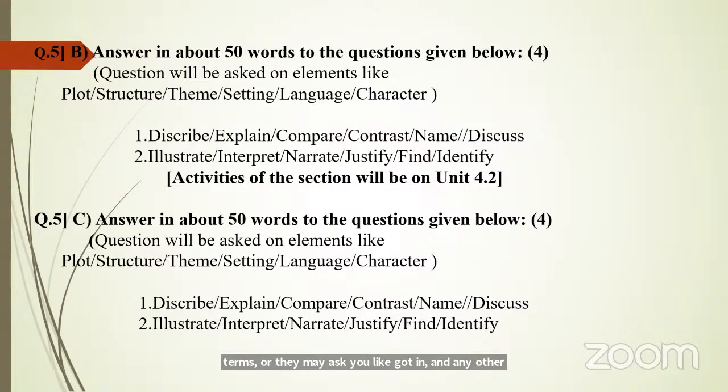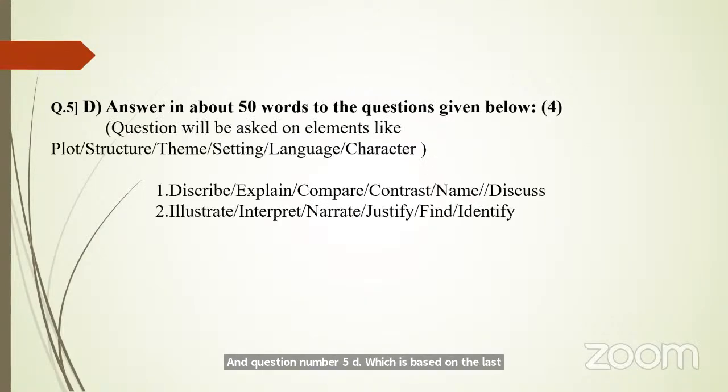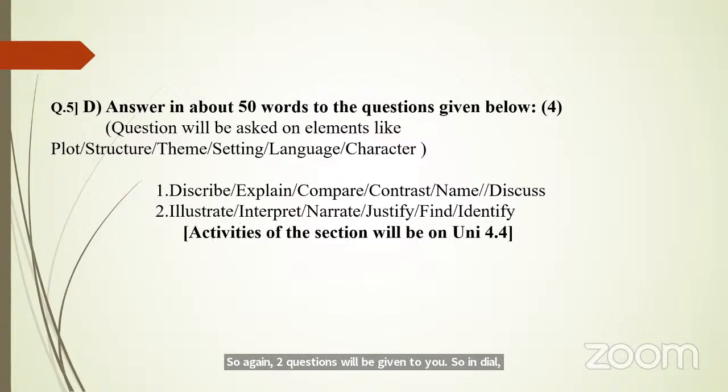If it is for compare and contrast, at least minimum 4 points, half marks for each point. And question number 5D, which is based on the last novel. Again, two questions will be given to you. So the entire 80 marks paper, you have to cover it in 3 hours.